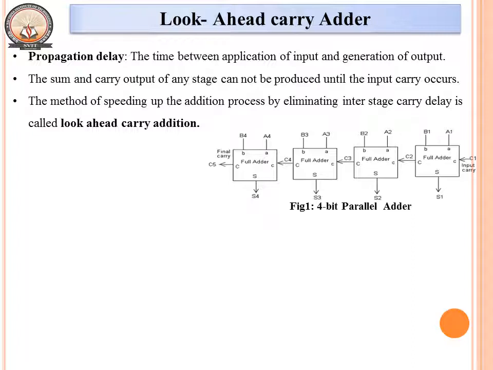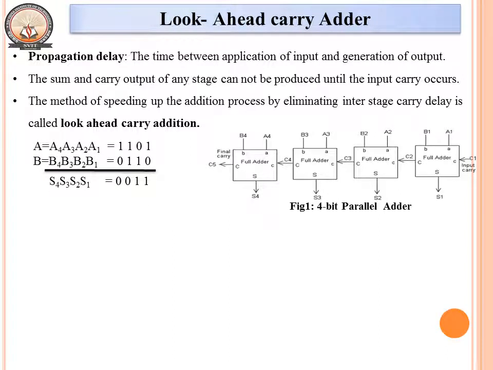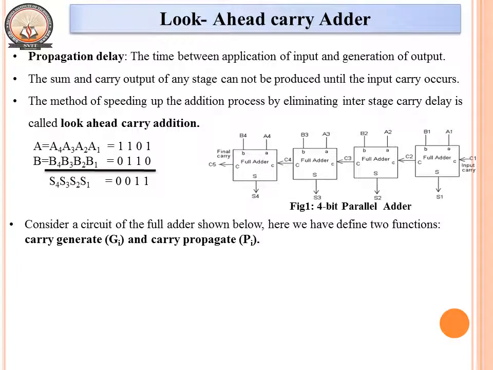That is a huge time when we are dealing with a very complex circuit. So our aim is to reduce this 40 nanoseconds to 10 nanoseconds using this look ahead carry adder. We have taken an example: when you are adding two 4-bit numbers 1101 and 0111, you will get 0011. Each addition takes 10 nanoseconds, so you need 40 nanoseconds. We'll try to reduce that by using this look ahead carry adder.